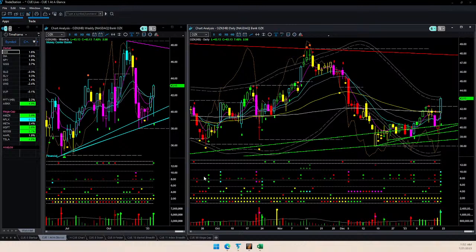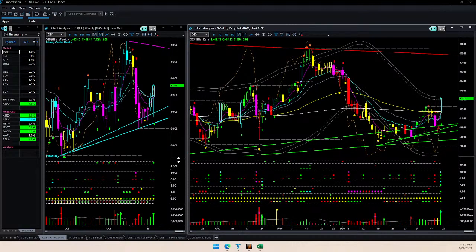OZK chart-wise is looking stronger because it is giving a flow long trade setup, that's a trend following setup, and PNC gave a bounce long setup, that was a trend reversal. So if I had to choose one, the trend following one is technically stronger than the bounce setup.